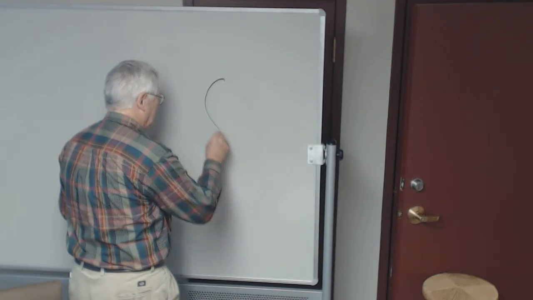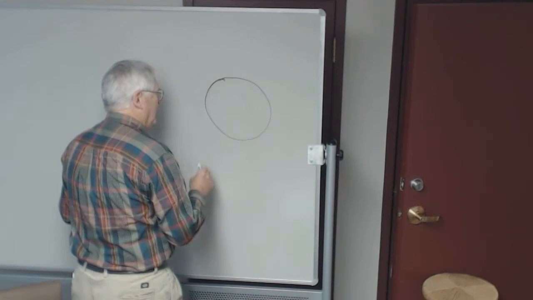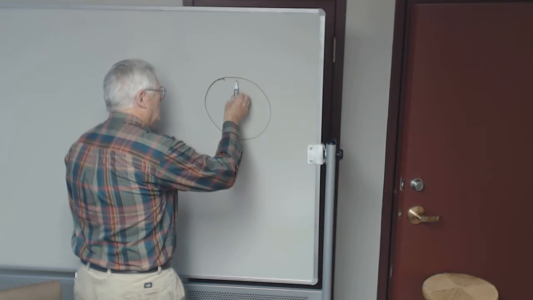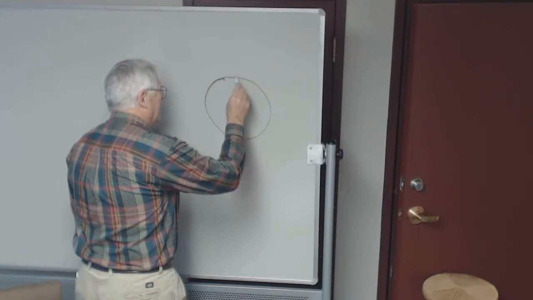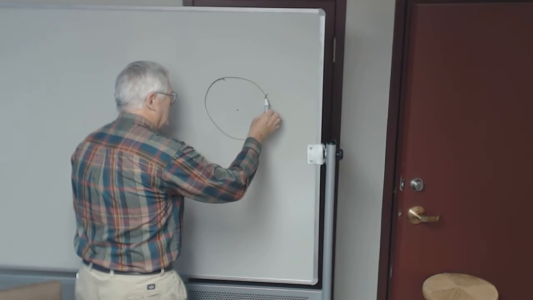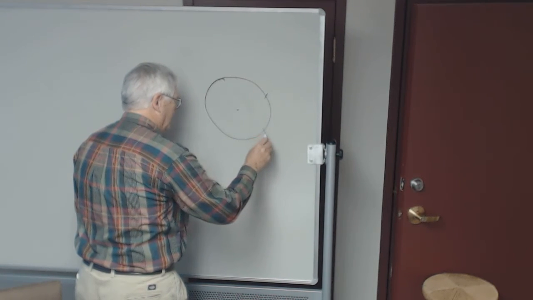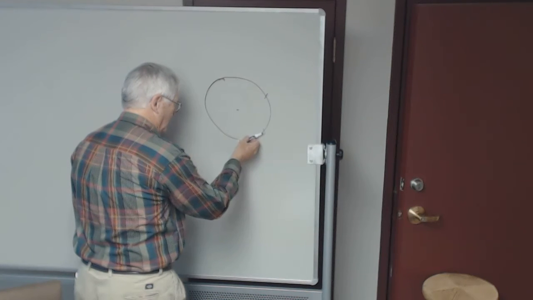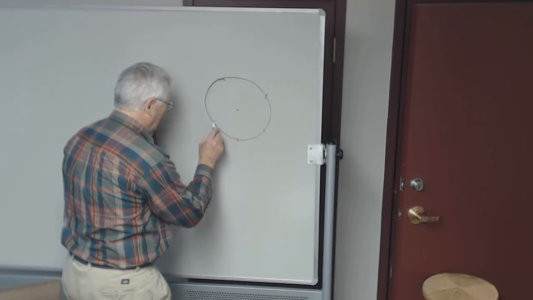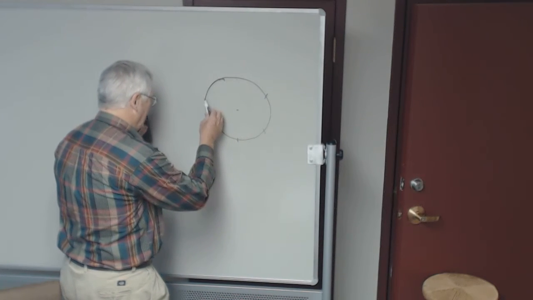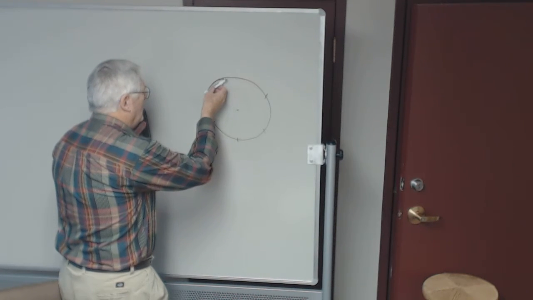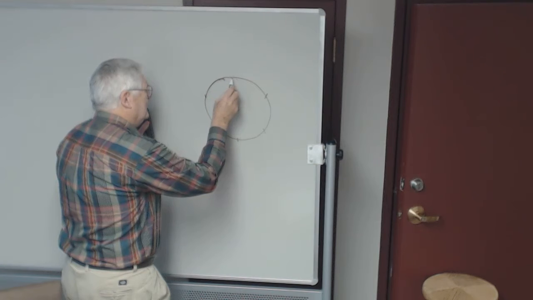I've got this circle, and here's the radius. So I'm going to go 1, 2, 3, 4, 5, 6. It's pretty close.